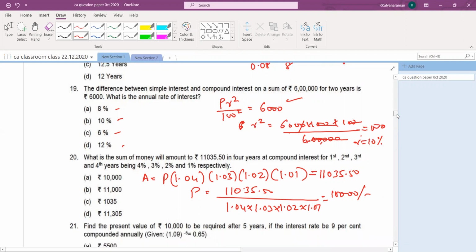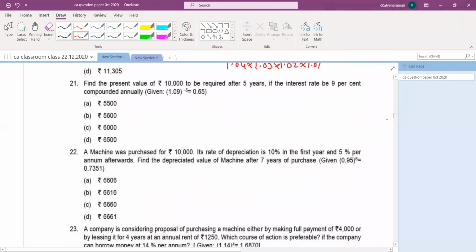Find the present value of rupees 10,000 to be required after 5 years if the rate of interest is 9% compounded annually.